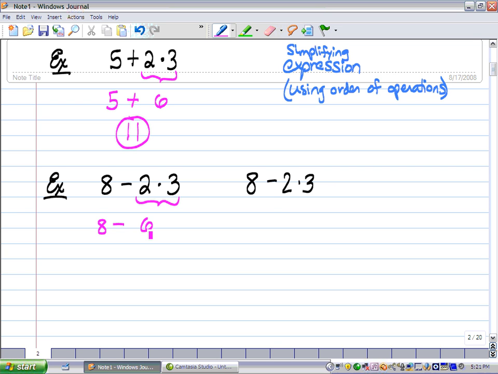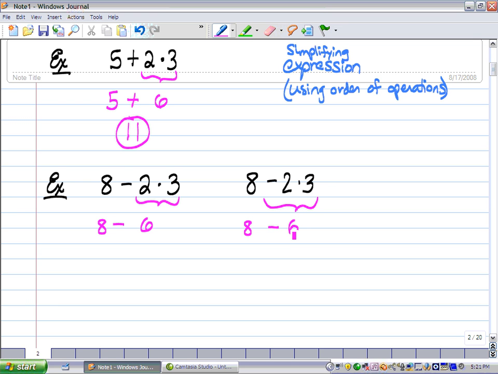6. Okay. The other possibility is you can think of this as negative 2 times positive 3, so all I'll be copying is the 8. When I multiply a negative number times a positive number, I get a negative number. So negative 2 times 3 is negative 6.